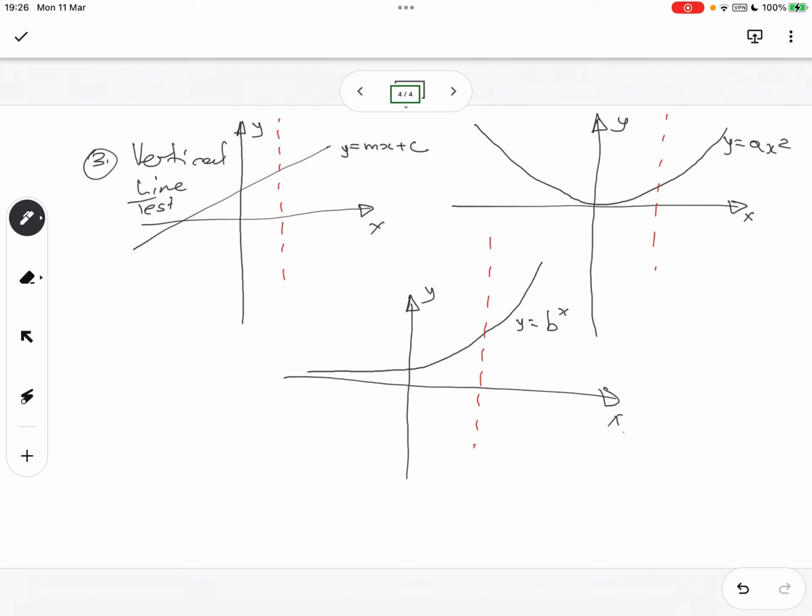So vertical line test means a vertical line must pass the graph of the function. The graph of the function could be either the straight line, the parabolic curve, or the exponential curve.